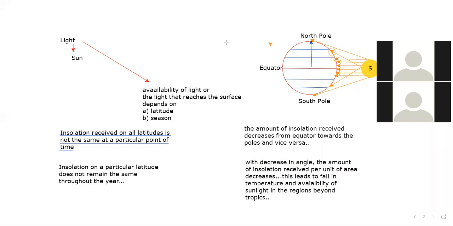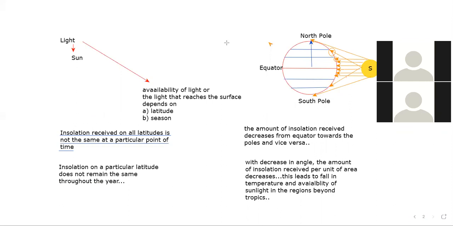So the amount of insolation received per unit of area decreases. That is why, with increase in the degree of latitudes, the amount of insolation received falls, there is lesser heat, and the temperature starts falling.